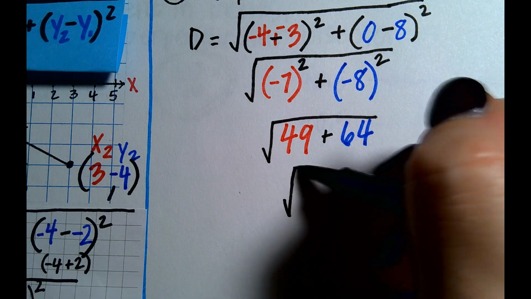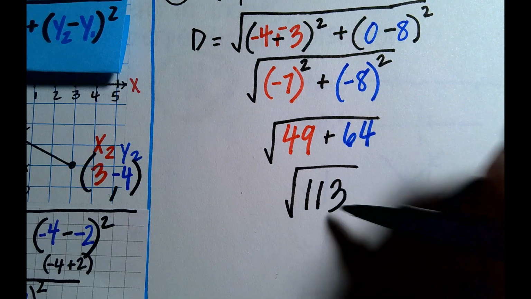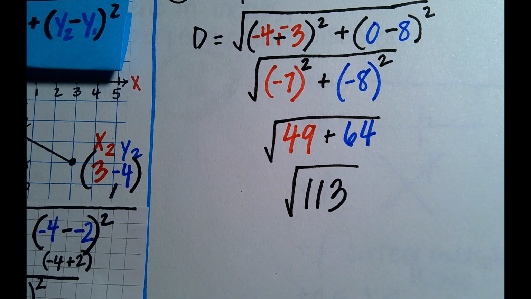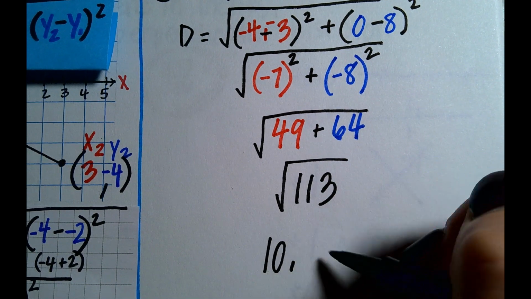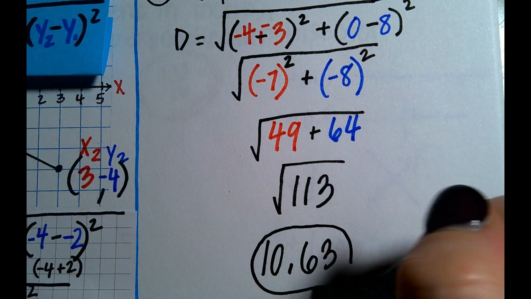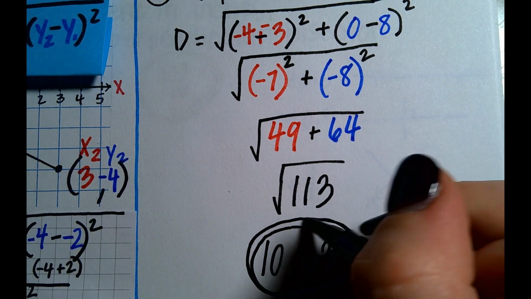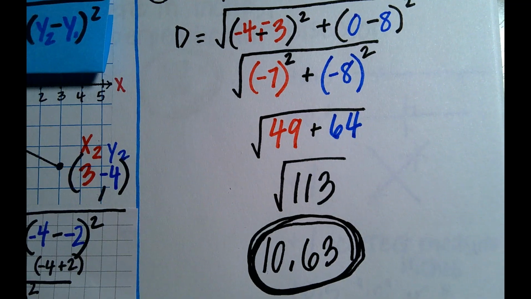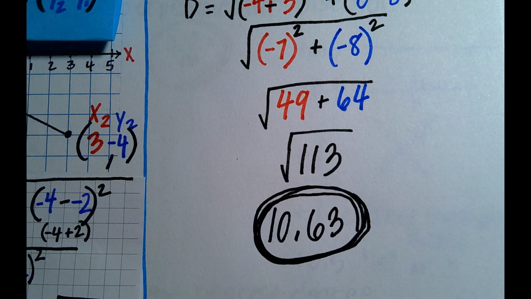Perfect. Square root of 113. And the final answer would be 10.6. Perfect. I'm going to put 10.63 just so I've got one more unit, but if you put 10.6, I would still count it right. Okay, 10.6 or 10.63. Amazing.